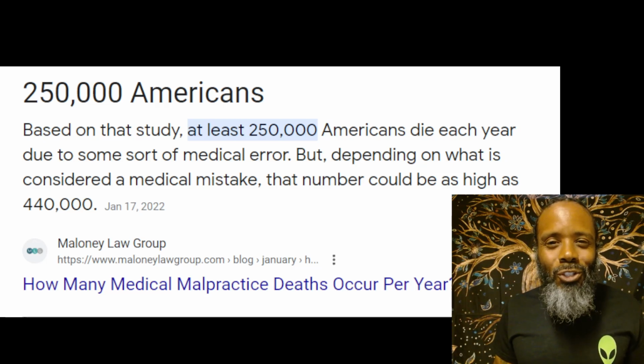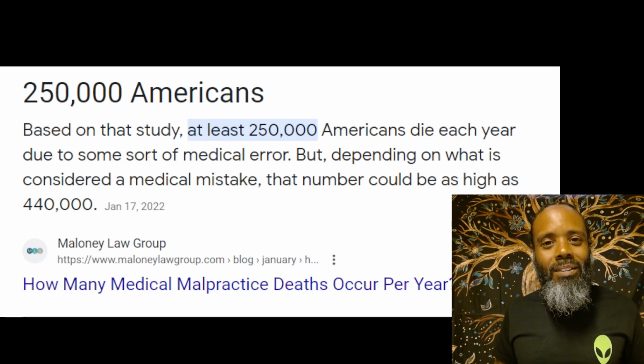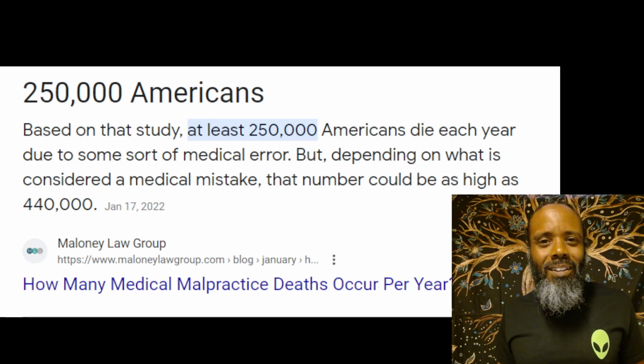Why do we trust these people with our health? They're fucking idiots. They don't know what the fuck they're doing. They're quacks. How is this called healthcare? This is not healthcare.